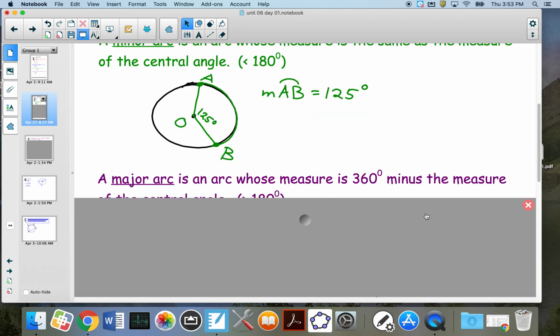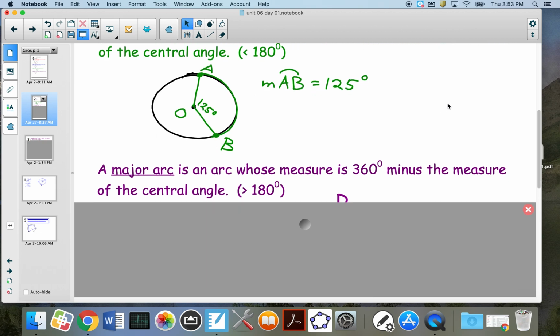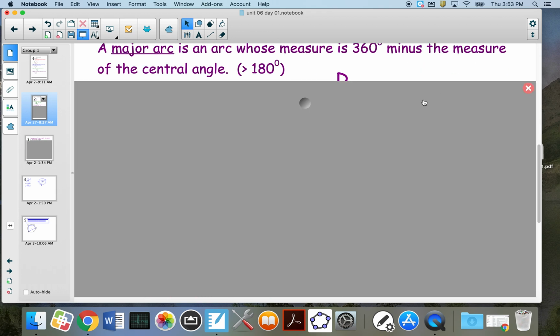A major arc, on the other hand, would be the arc going the other way around, the long way around. So from A to B the other way in the previous example. And that is always going to be more than 180 degrees.